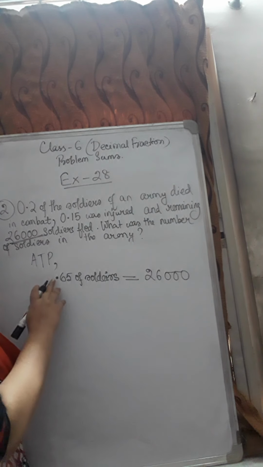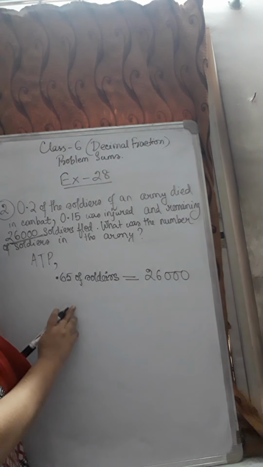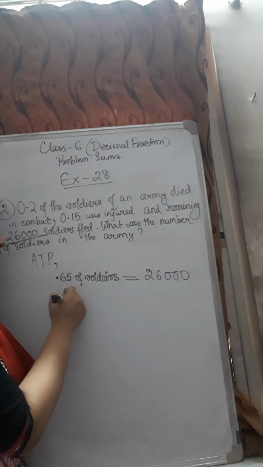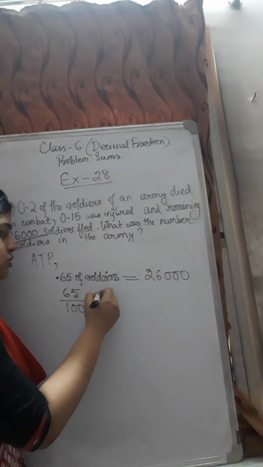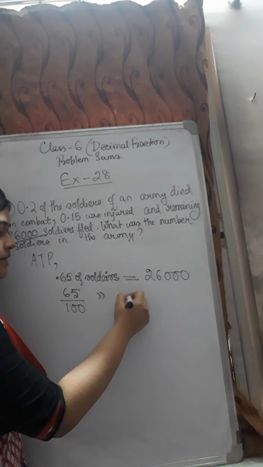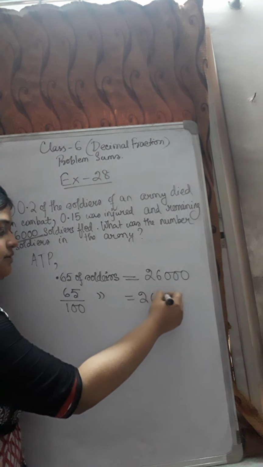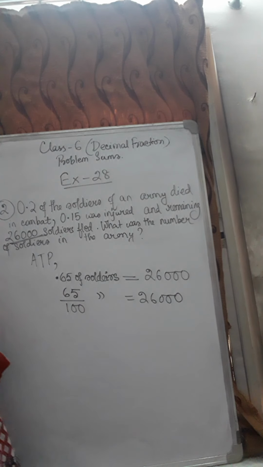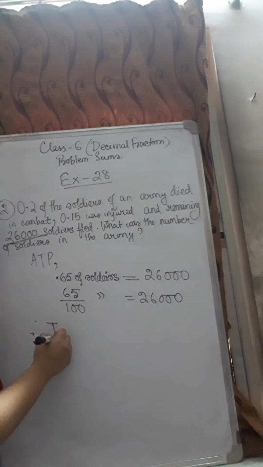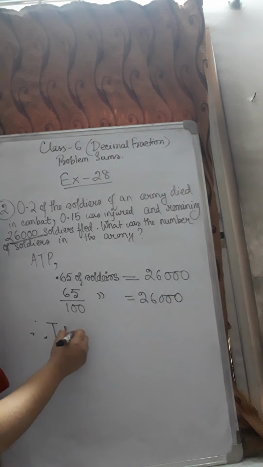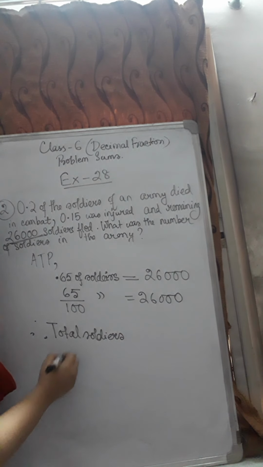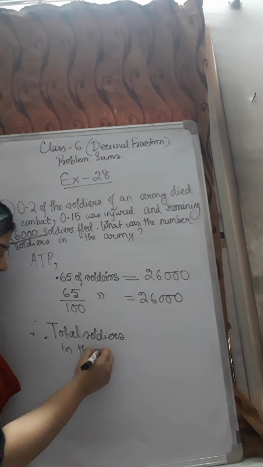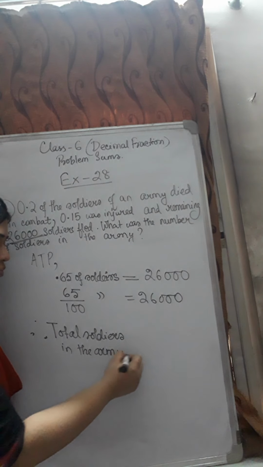So first of all, we will convert this decimal into a fraction. So 0.65 means 65 by 100 soldiers is 26,000. Therefore, total soldiers in the army will be more or less?